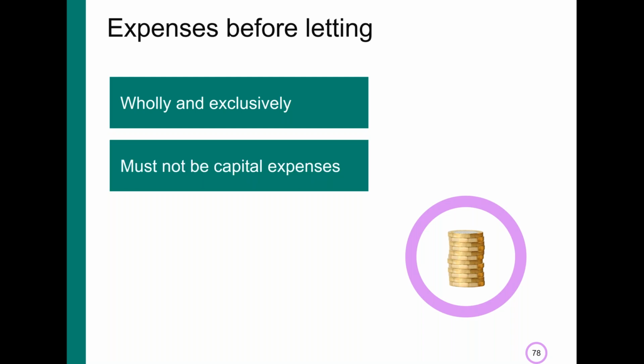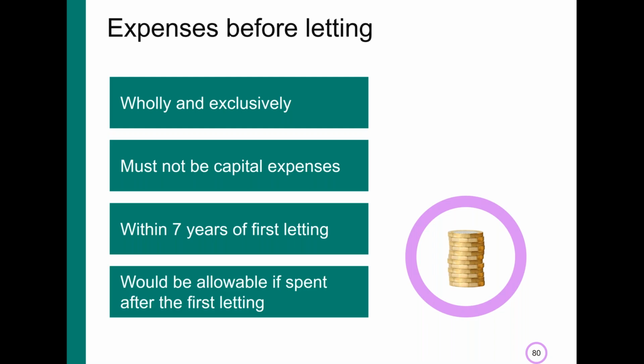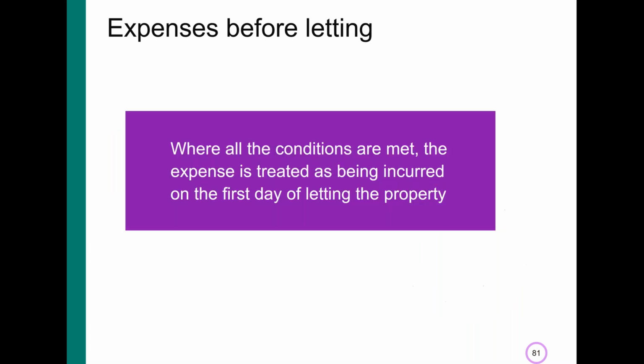They cannot be capital expenses. They must be within 7 years before the property business starts. They would be allowable if they were spent after the property business starts. Where the expenses meet all these conditions, treat them as if you incur them on the day the property business starts.